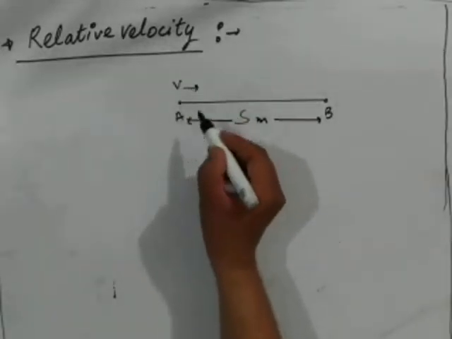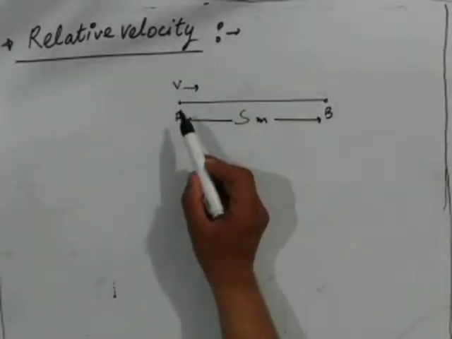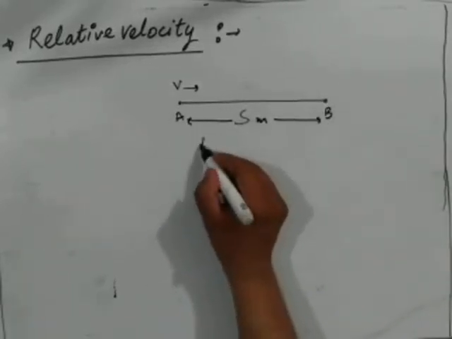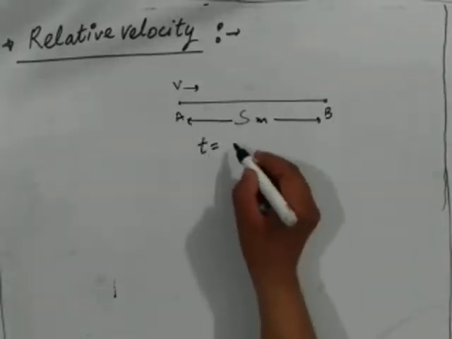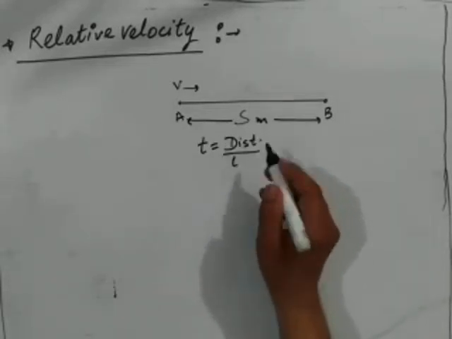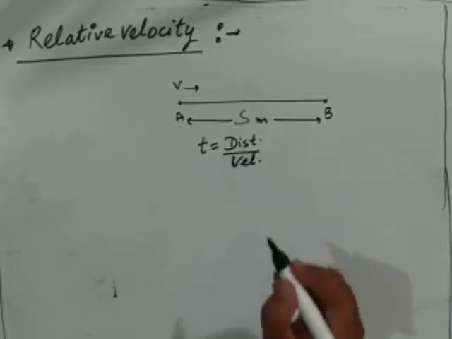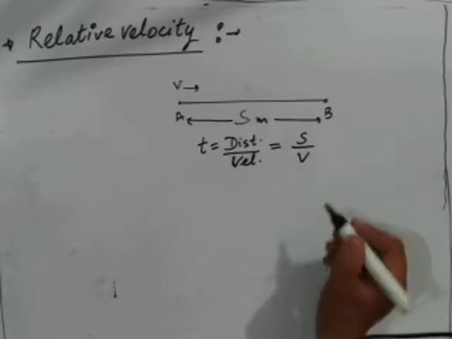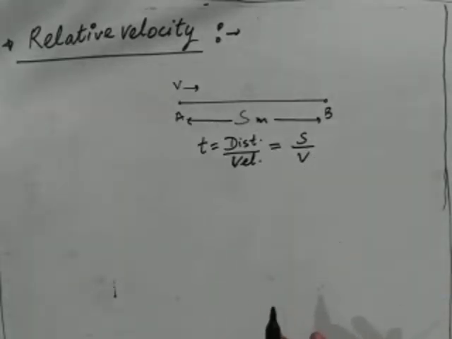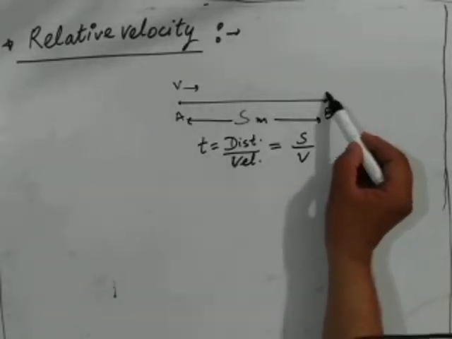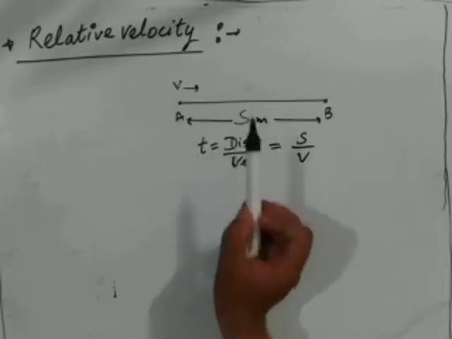Then time taken in going from A to B, that is t, is equivalent to distance upon velocity, that is s upon v. Now this is a simple method which we use when one object is stationary and the other one is moving.